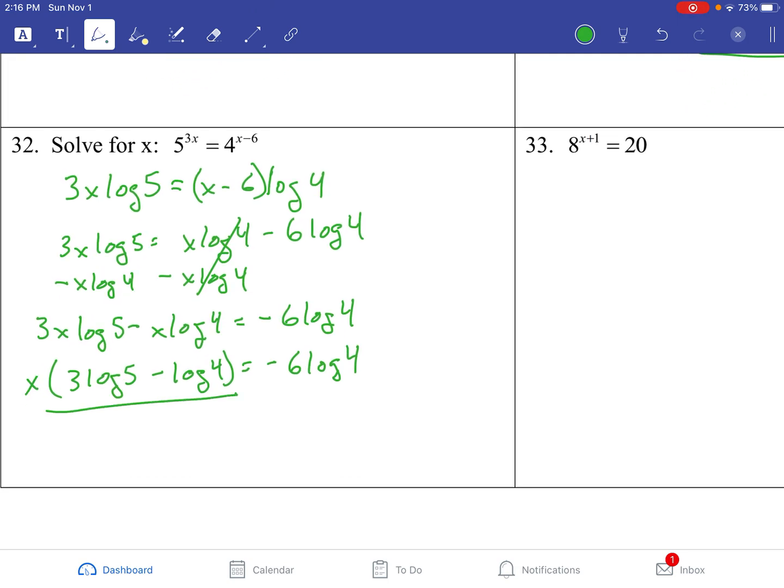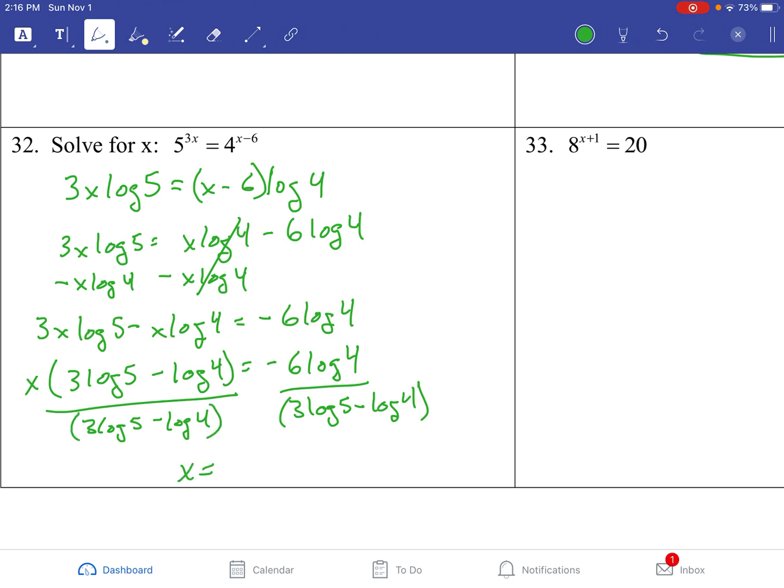So then I can divide both sides by 3 log of 5 minus log of 4. Something I am forgetting to do is put parentheses around all this to help you out.